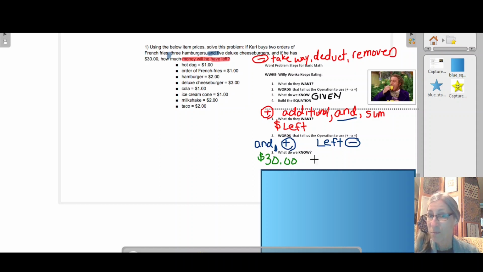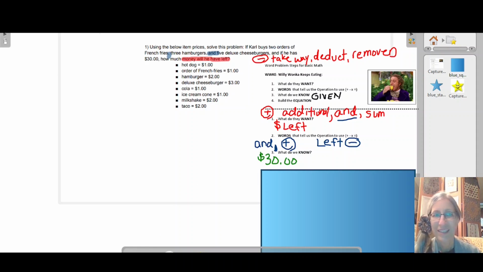And we know he bought a bunch of food. And do we know the number of each food item that he bought, the amount? Yes, they said that he bought 2 orders.